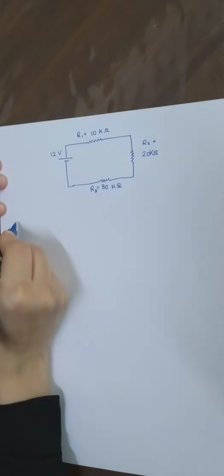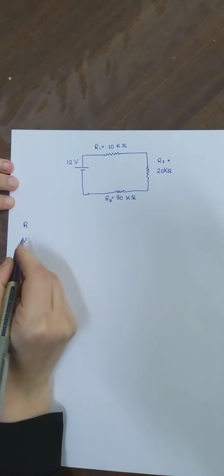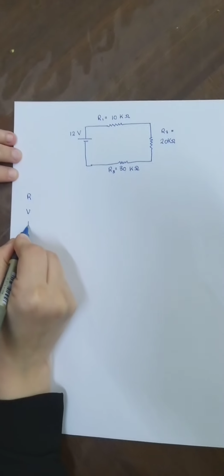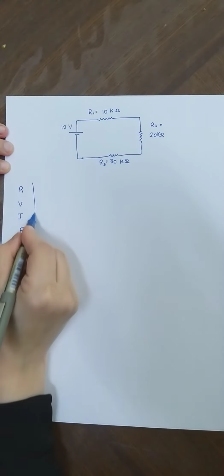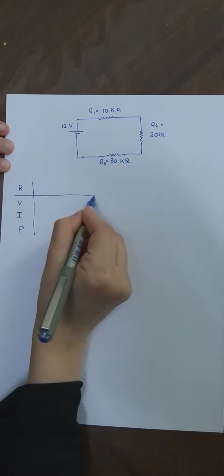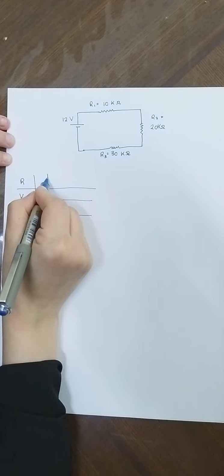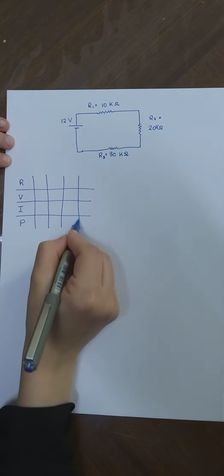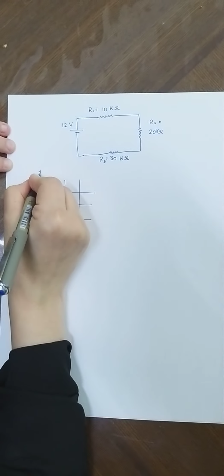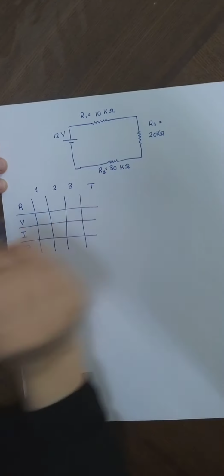Draw a table. This is the R value, and we need to calculate V, I, and P, power. Here's for 1, 2, 3, and this is total.